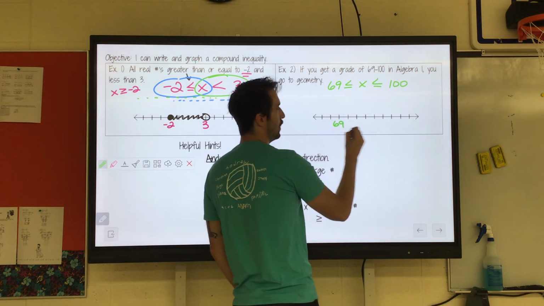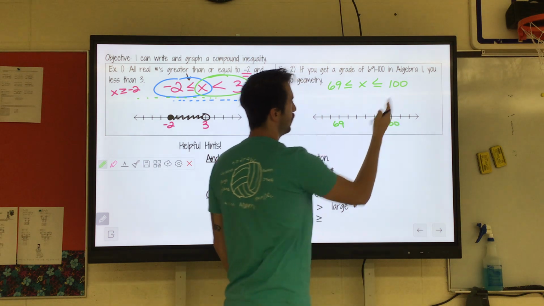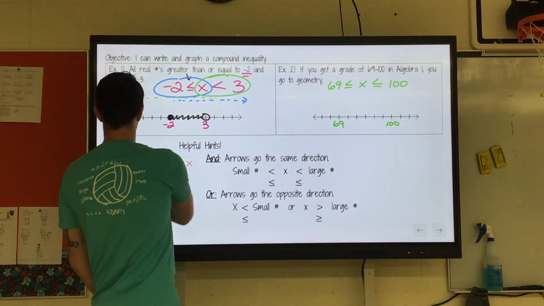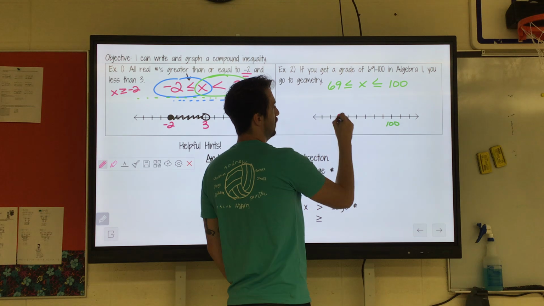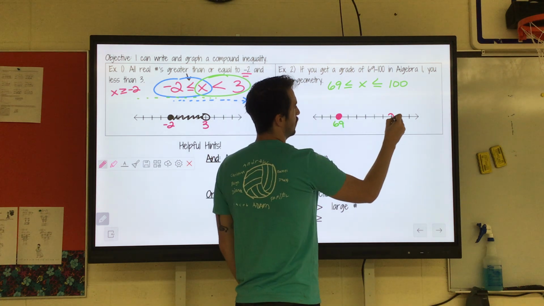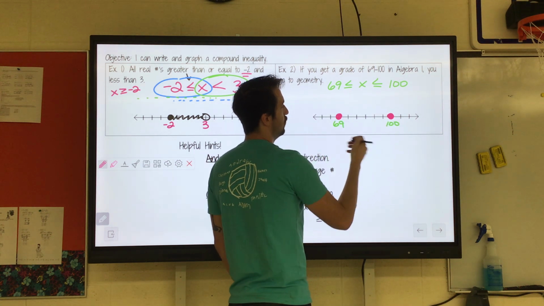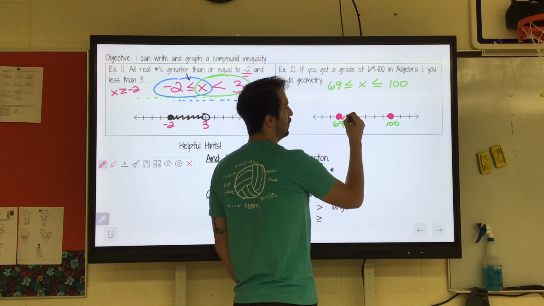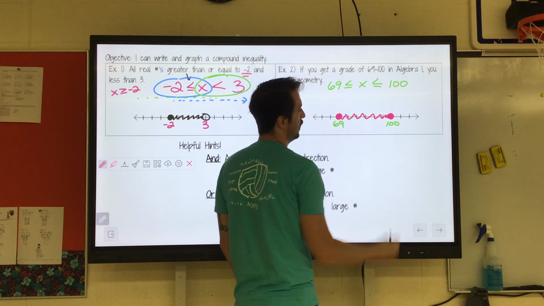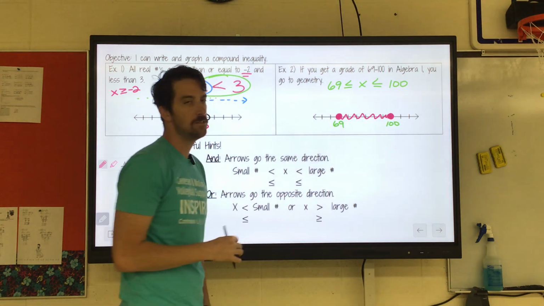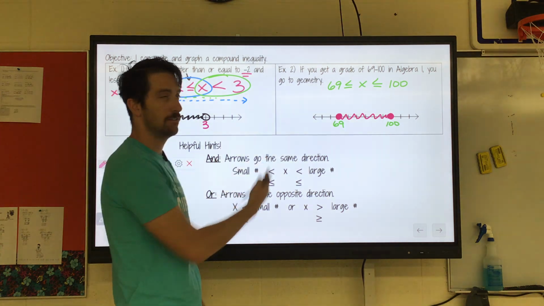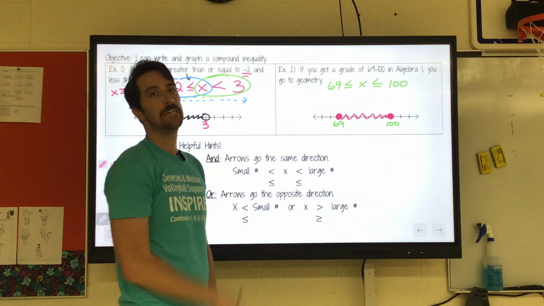Put them on the number line. They're both going to get full dots because it has the or equal to. And the numbers in between 69 and 100 work for both inequalities. Again, you don't see the word and there. It's written just like that as one single inequality.